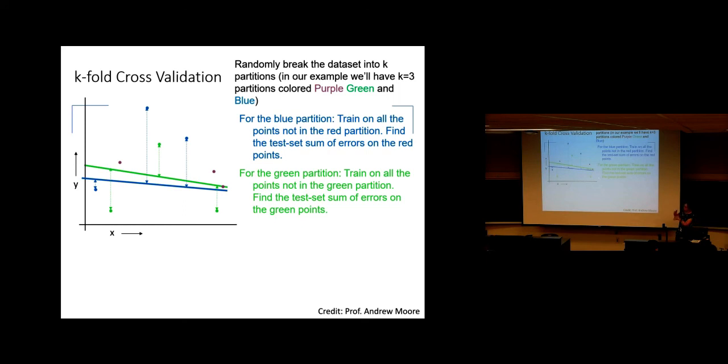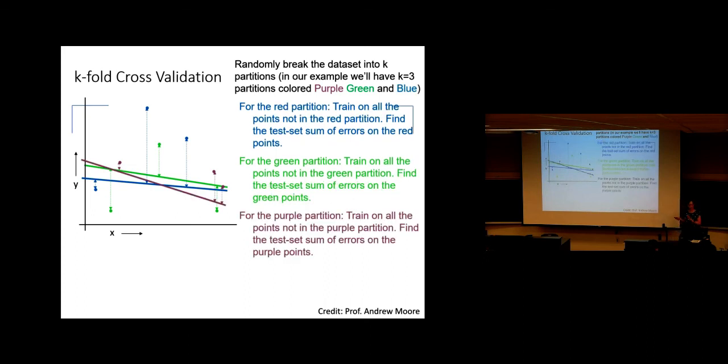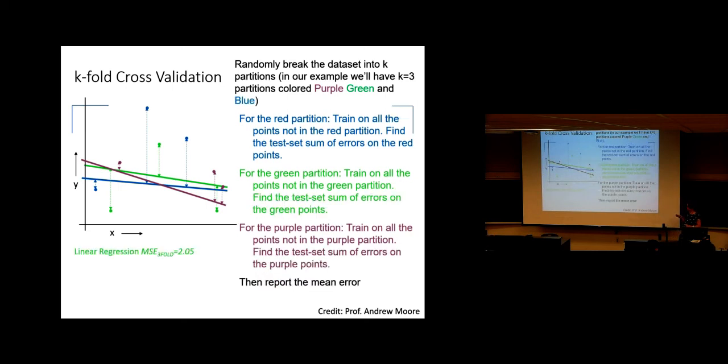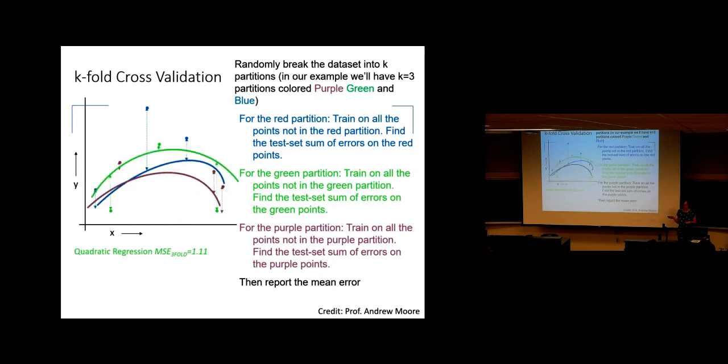You remove the purple ones, then train the model; remove the green one, train the model; remove the red one, train the model. Then you calculate those test errors and report the mean. So hopefully in this case it gives you 2.0 for the linear regression and 1.1 for the quadratic. This is all speculated, just to let you know.